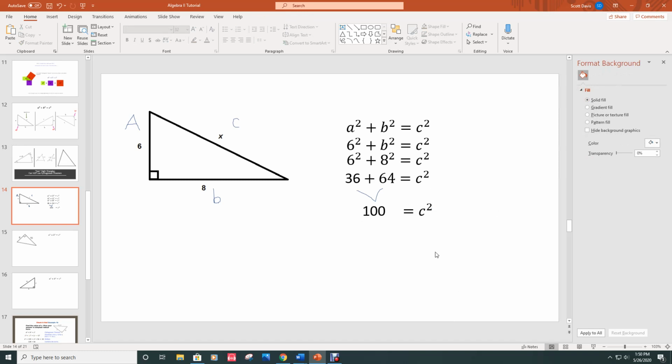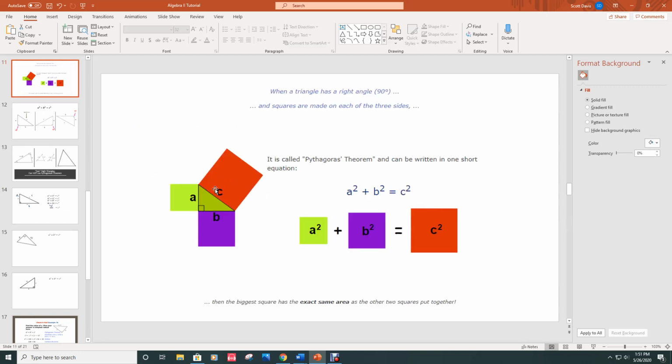Now, what we need to find is what this side is going to be equaling here, the length of this side. So we have to get rid of this square because we're not actually trying to find the area of this square out here. We're trying to find the length of this side. Okay?